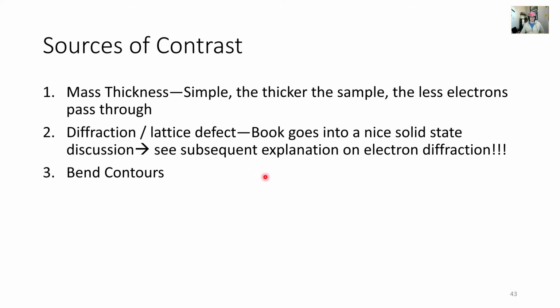The first one is obviously lambda equals 2d sine theta. We're going to see a second flavor of Bragg's law, and then a third flavor as well. And then bend contours. If your specimen is bent, you'll get contours, streaky lines on your micrograph as well.